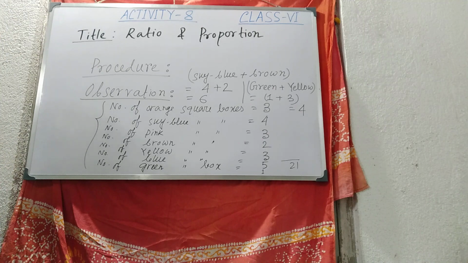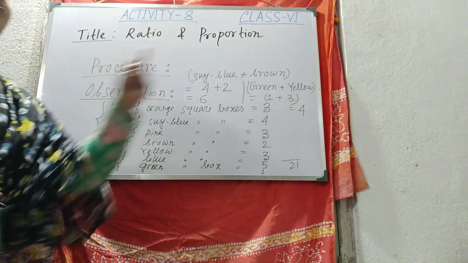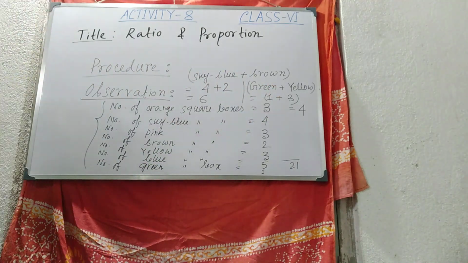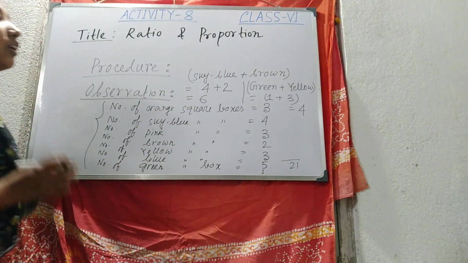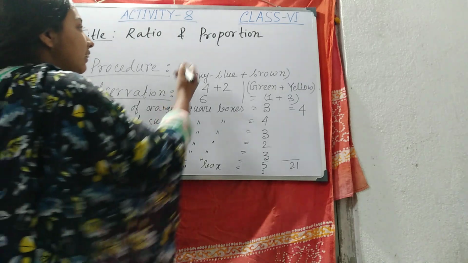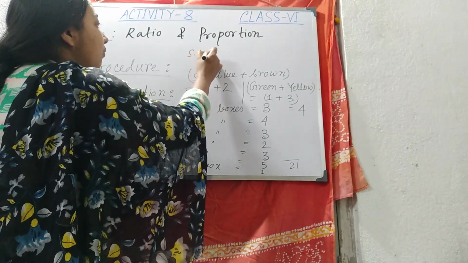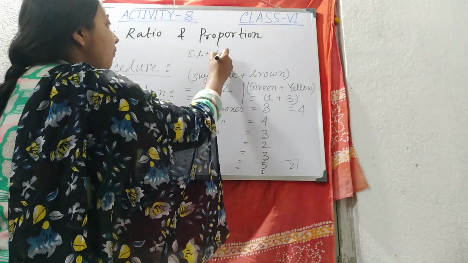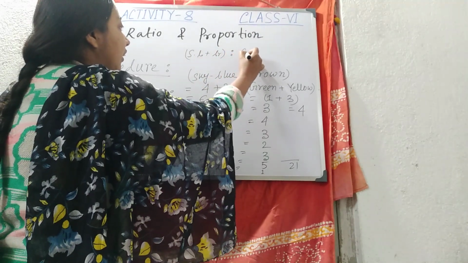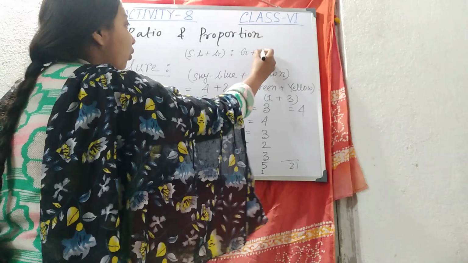So if we want to find the ratio of sky blue plus brown to green plus yellow, what will be the result? Sky blue plus brown to green plus yellow. So definitely we will write in this way, sky blue plus brown is to green plus yellow.